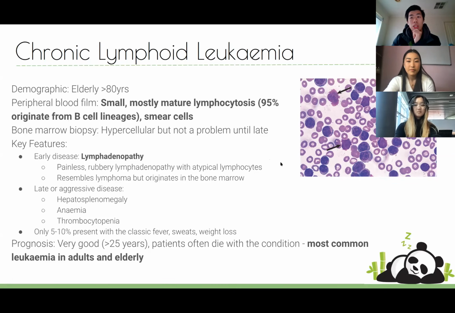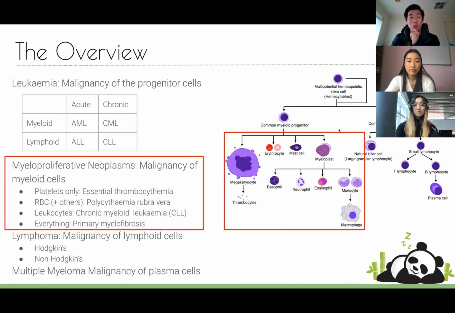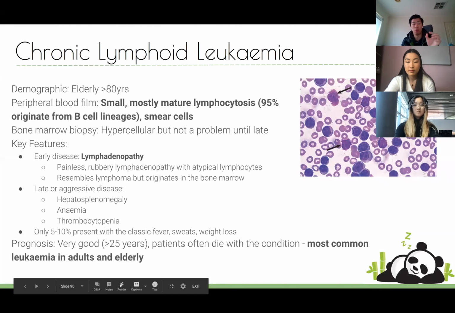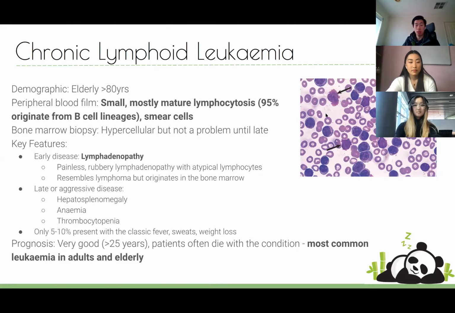Just as an interesting point more than anything, in terms of why chronic lymphoid leukemia is kind of like a lymphoma, but not really, it's because lymphomas are classified based upon what specific cell in the lymph node is mutated. For chronic lymphoid leukemia, in the lymph node, it's the memory B cells. But from immunology, memory B cells will run around the whole blood system and do their job.